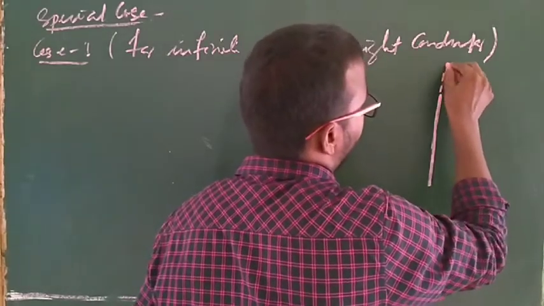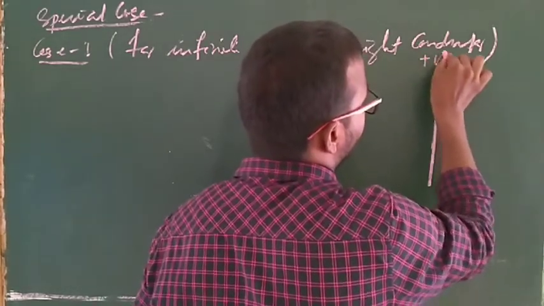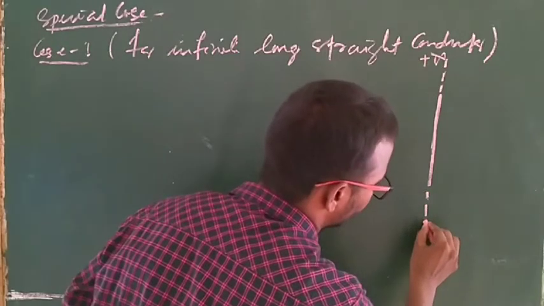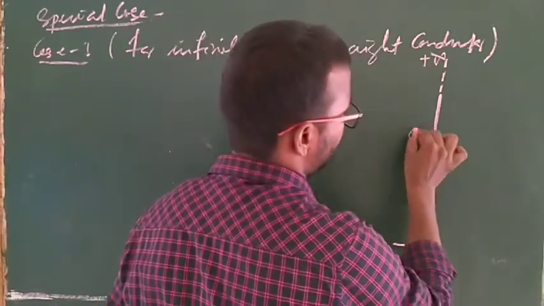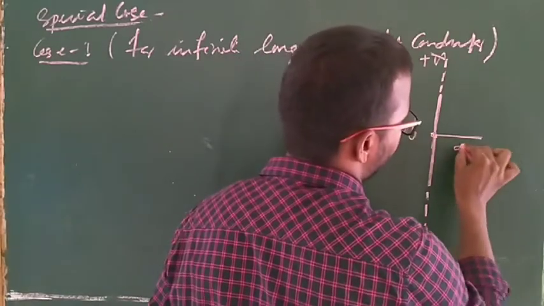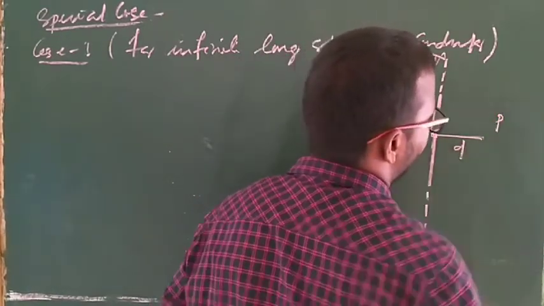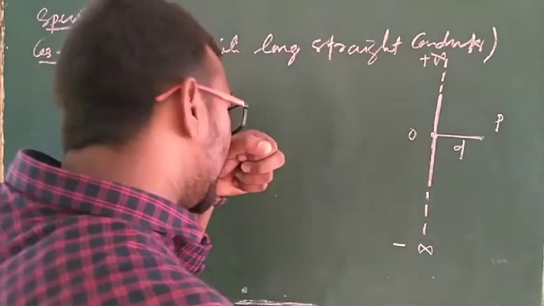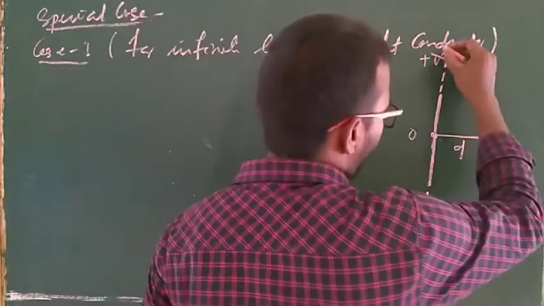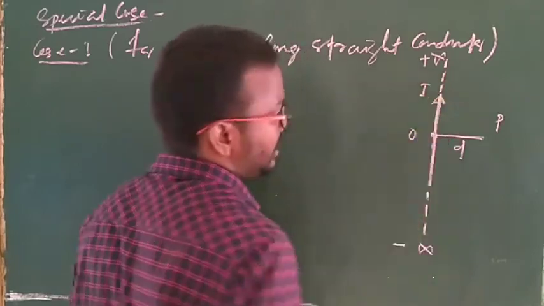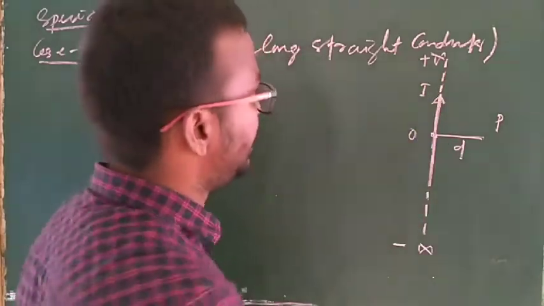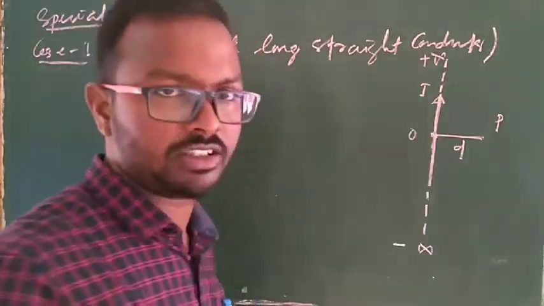If we increase the length, it goes from plus infinite to minus infinite, and this point is Q, this distance is D, and this point is P. Clear? So we have to find the total magnetic field due to the infinitely long straight conductor with current I flowing through it.